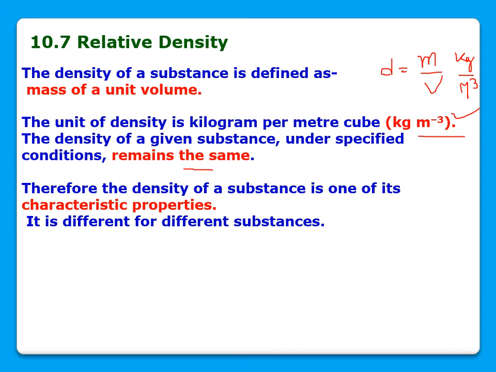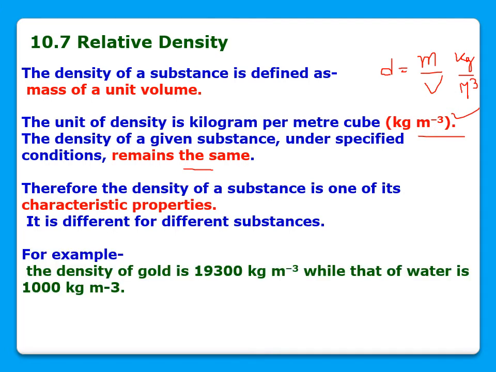The density of a substance is one of its characteristic properties. And see, for different substances, density is different because m upon v is always different for different substances. Here is an example.